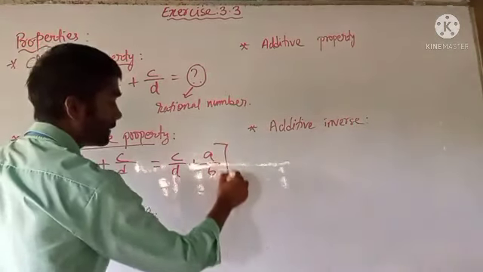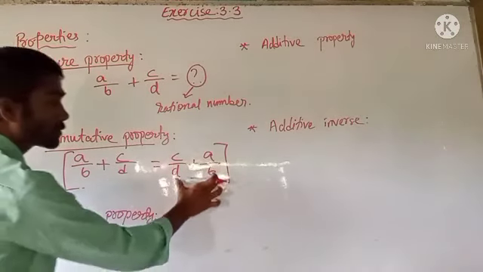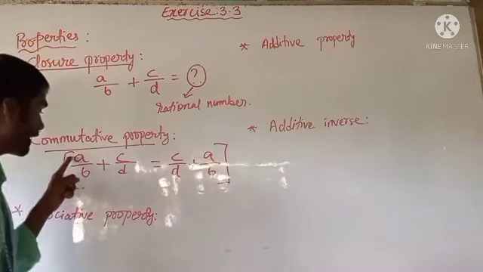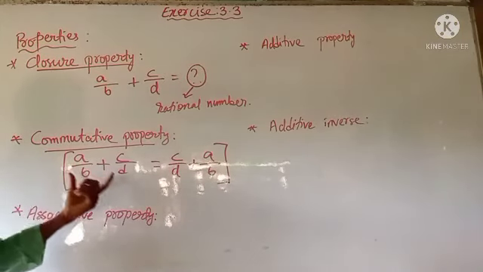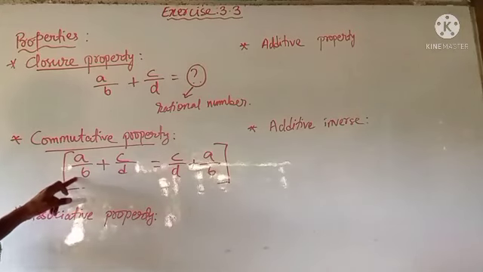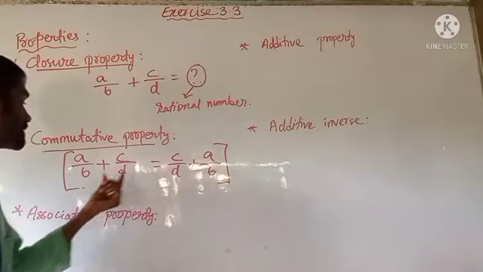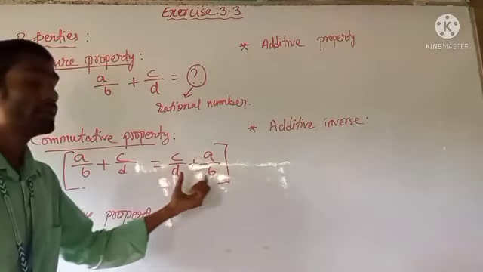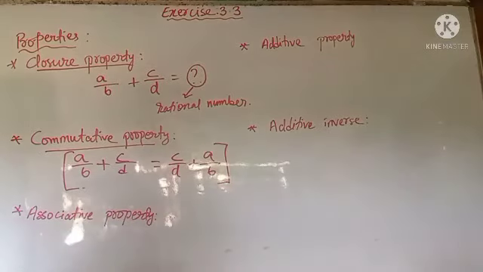That means if we solve both sides, a, b, c and d are numbers, alright? So a by b is a rational number, c by d is also a rational number. When we change their places and solve, we will get that both sides are equal.